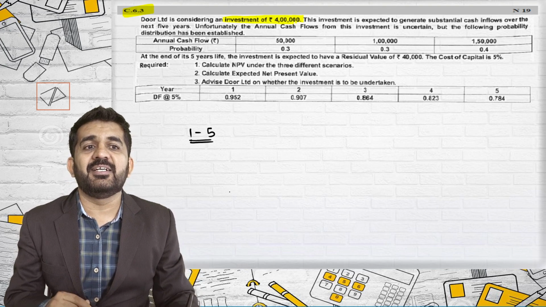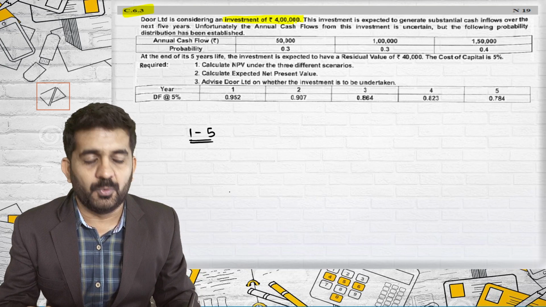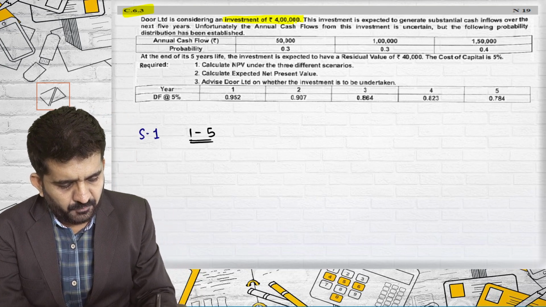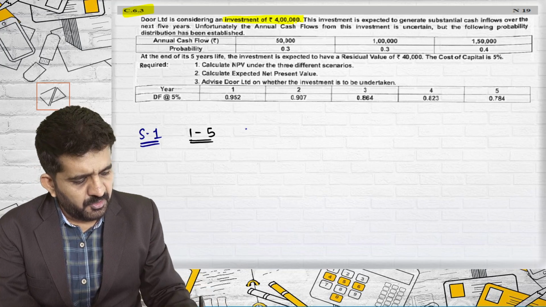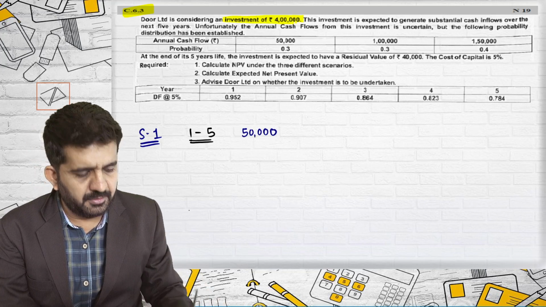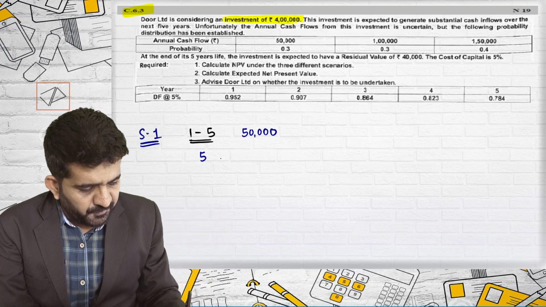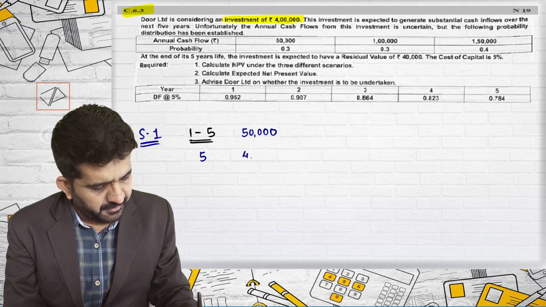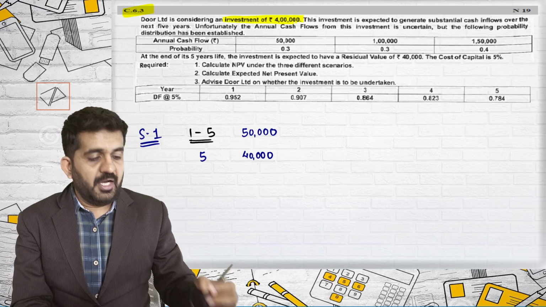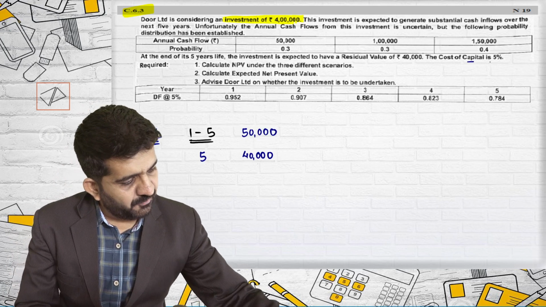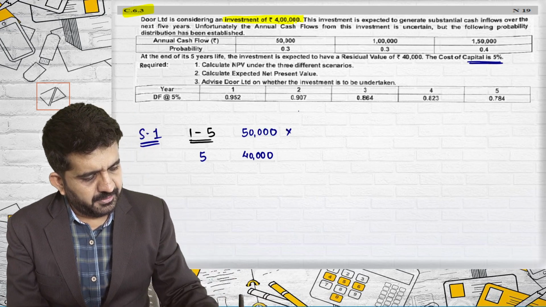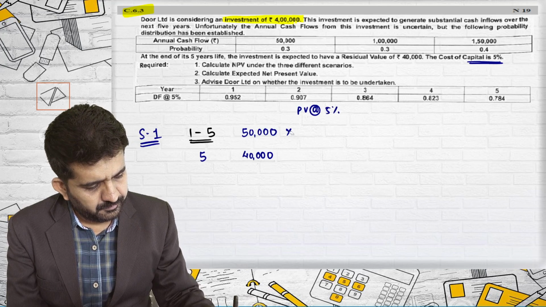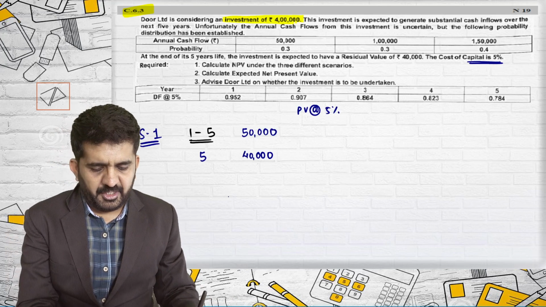Calculate NPV under 3 different scenarios. Scenario 1, I am finding out the answers. Scenario 1, if cash flow from 1 to 5 years is 50,000. Also in 5th year, there will be a scrap value of 40,000, which will be coming in. I will be finding out present value at the rate of 5%. So this you can find it out by GT.